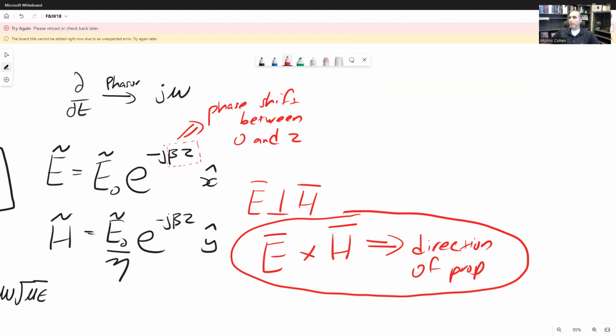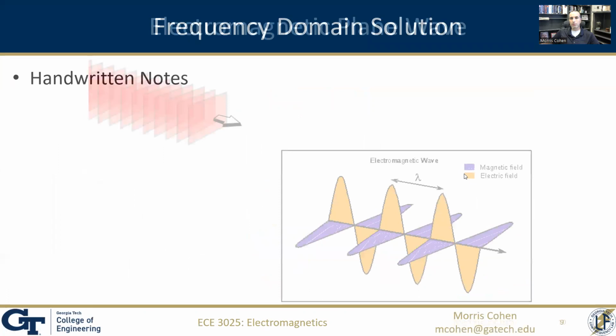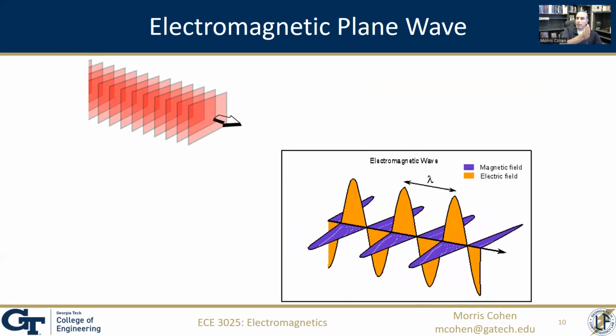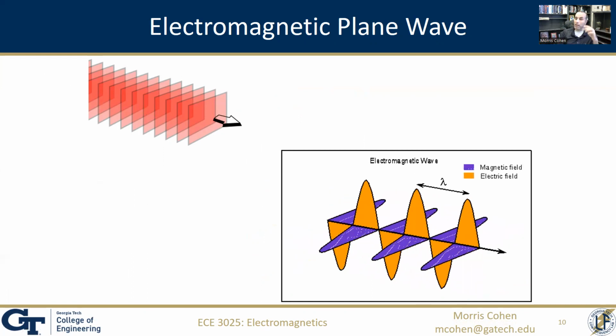Let me help you visualize a uniform plane wave. So here's a nice video right here, so you can sort of see it. Remember, the idea of a plane wave is that nothing is varying in the plane that is perpendicular to the direction of propagation. So if the direction of propagation is z, then nothing is changing in the x or y direction. They all have the same phasor value of electric field and magnetic field.